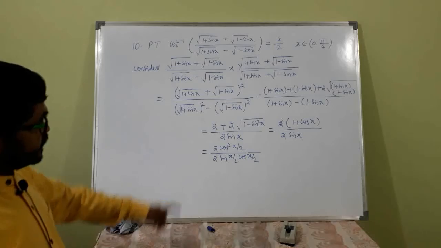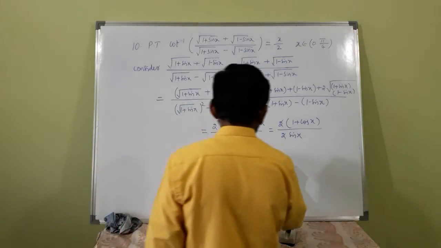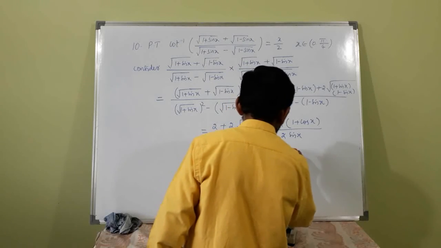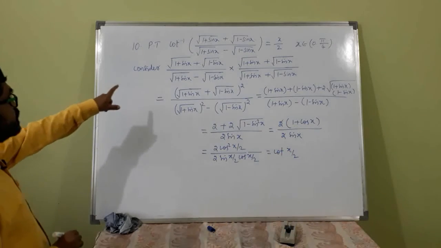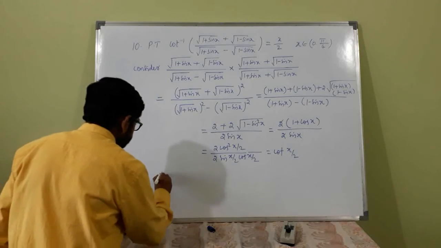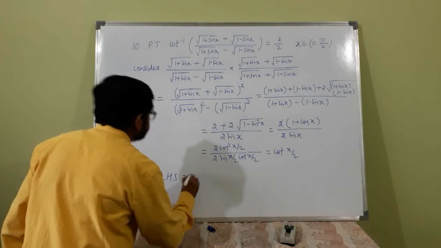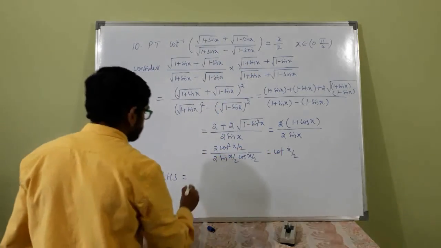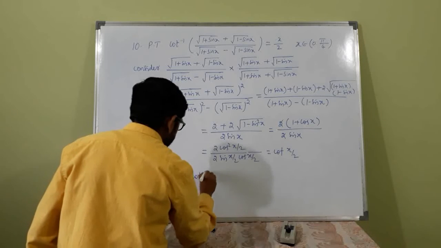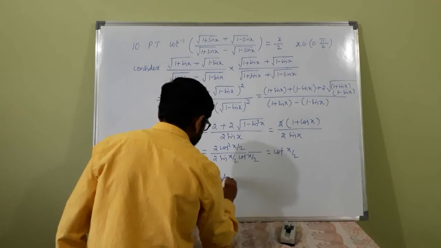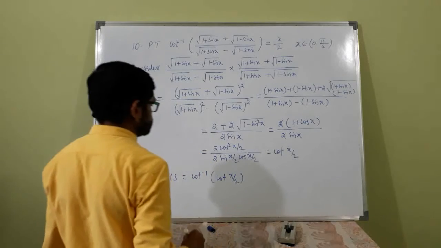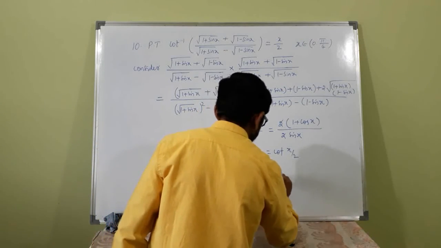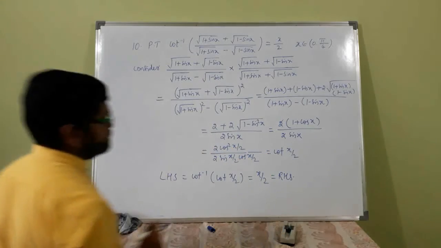Okay, so cos x by 2 get cancelled, 2 get cancelled, what remains is cot x by 2. LHS is this, inside the bracket reduces to cot x by 2, cot inverse cot x by 2. So what? That is x by 2, that is nothing but RHS.